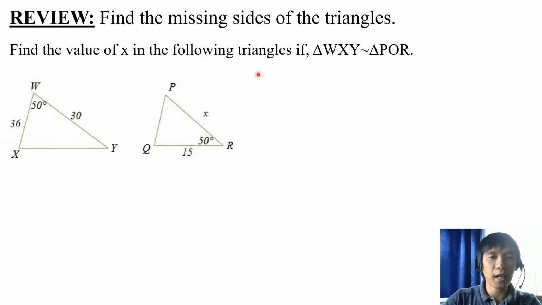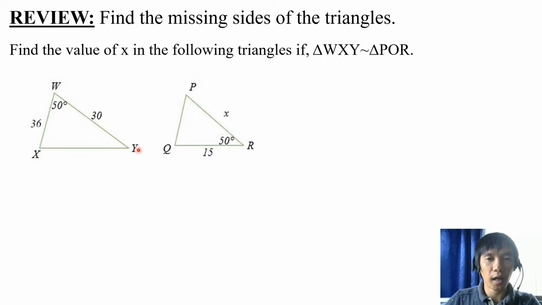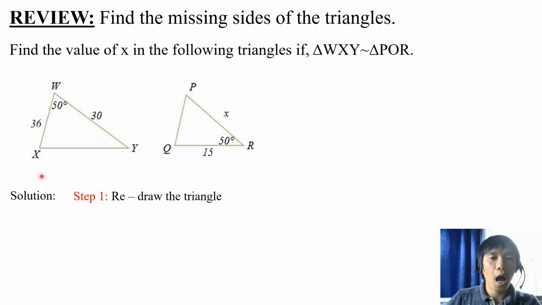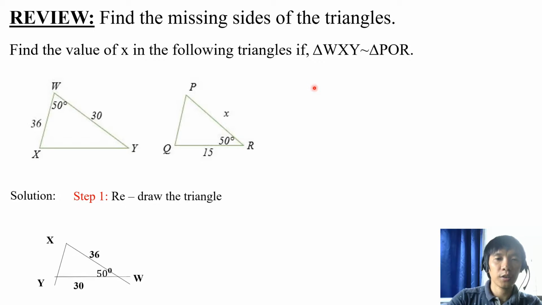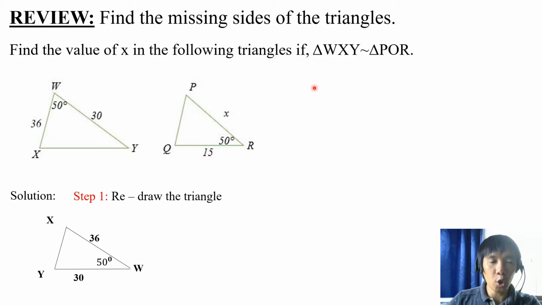If triangle WXY is similar to PQR, and the corresponding values are as shown, the first thing we do is redraw our triangle. We rotate triangle WXY clockwise so that it looks like triangle PQR. The new form will look like this.